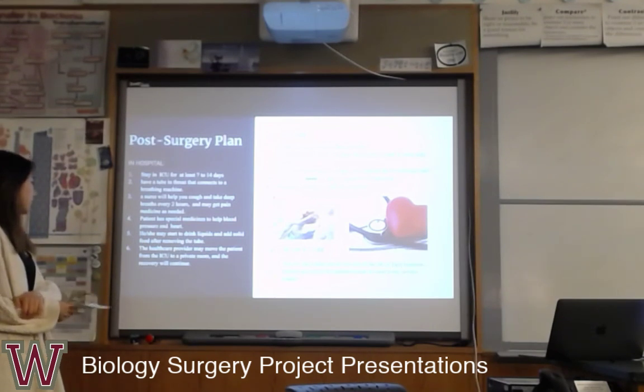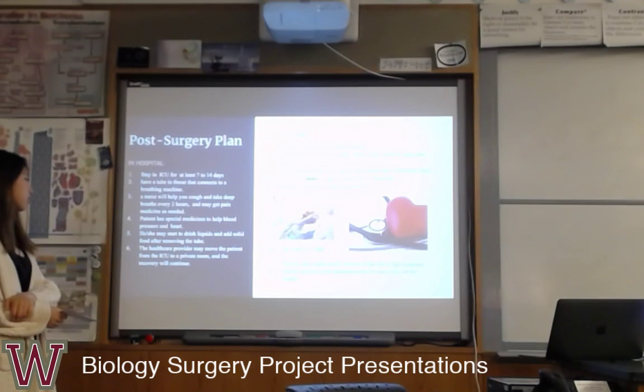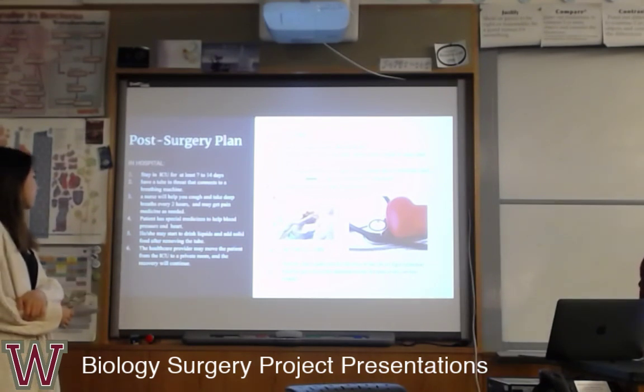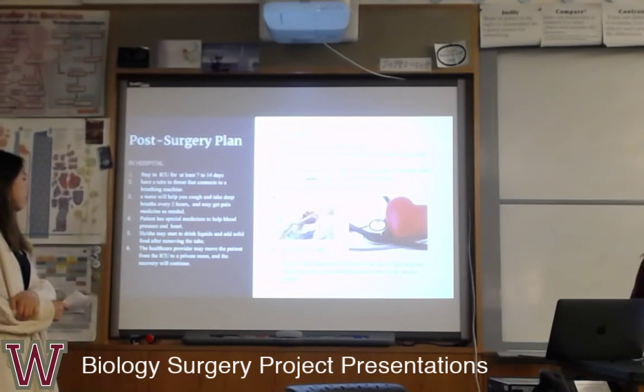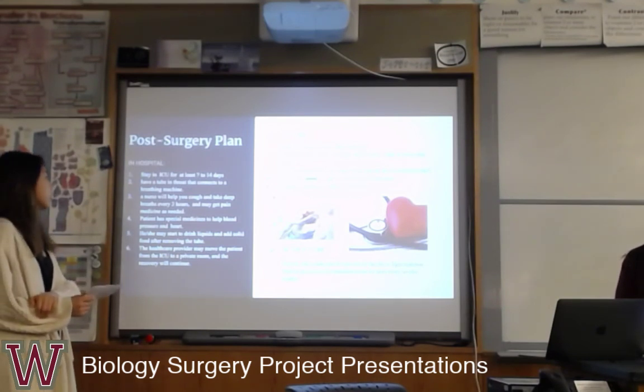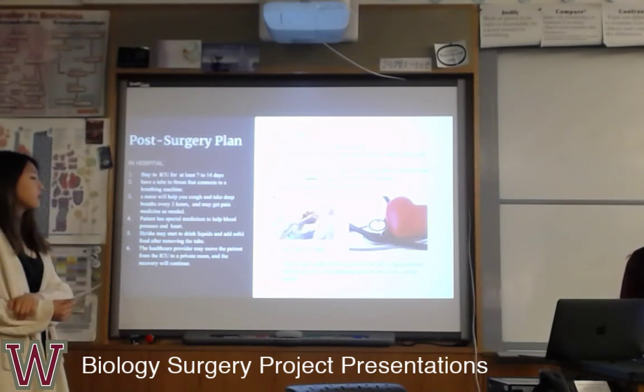He or she may start to drink liquids and add solid food after the breathing tube is removed. The healthcare provider may move the patient from the ICU to a private room, and the recovery will continue. After they leave the hospital, they go back to their home.